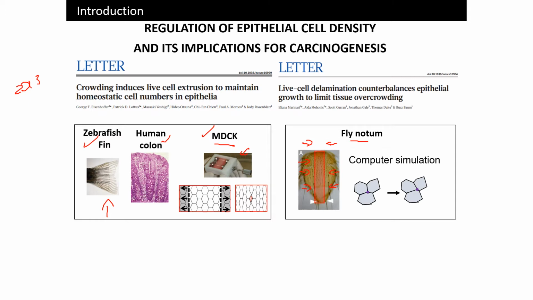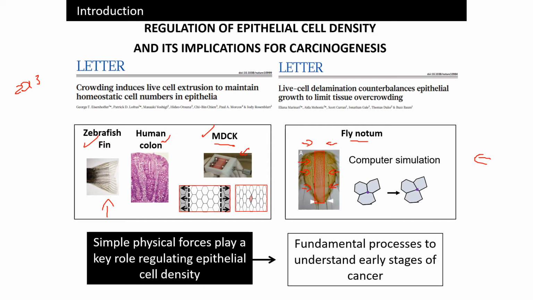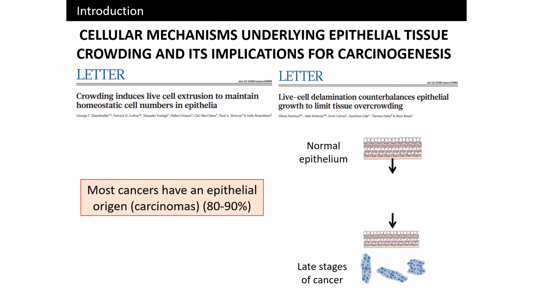So now I'm going to focus on this process in the fly notum, and the idea that simple physical forces play a key role regulating cell density. This is a fundamental process to understand early stages of cancer, so the transition between a normal epithelium to a cancerous epithelium. It is very important that most cancers have an epithelial origin.